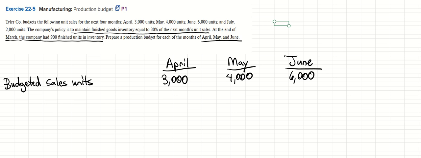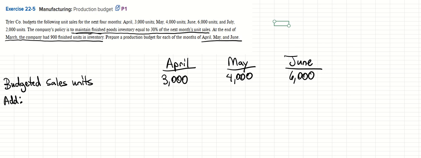Okay, so we're going to start off with just April. April, we started off with 3,000 units. That's the budgeted sales in units. Then we're going to add, from this sentence where it says maintain finished goods inventory equal to 30% of the next month's unit sales. Just like the direct materials budget, that gives the company a buffer, a cushion, because the budgeted sales units is 3,000 for April, but what if they end up needing 3,500 units?